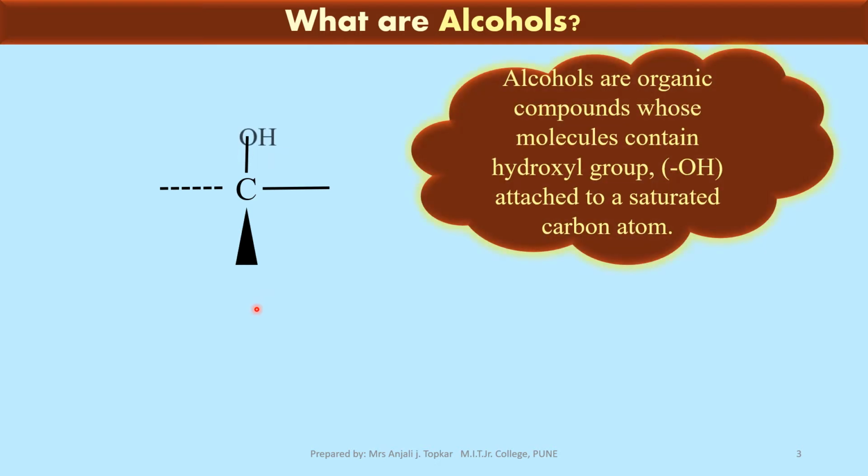In this carbon atom, when one of the hydrogens is removed and replaced by OH, we say the compound is an alcohol. It can also be said as compounds whose molecules contain a hydroxyl group, that is OH, attached to a saturated carbon atom, as we can see here. Such compounds are said to be alcohols.